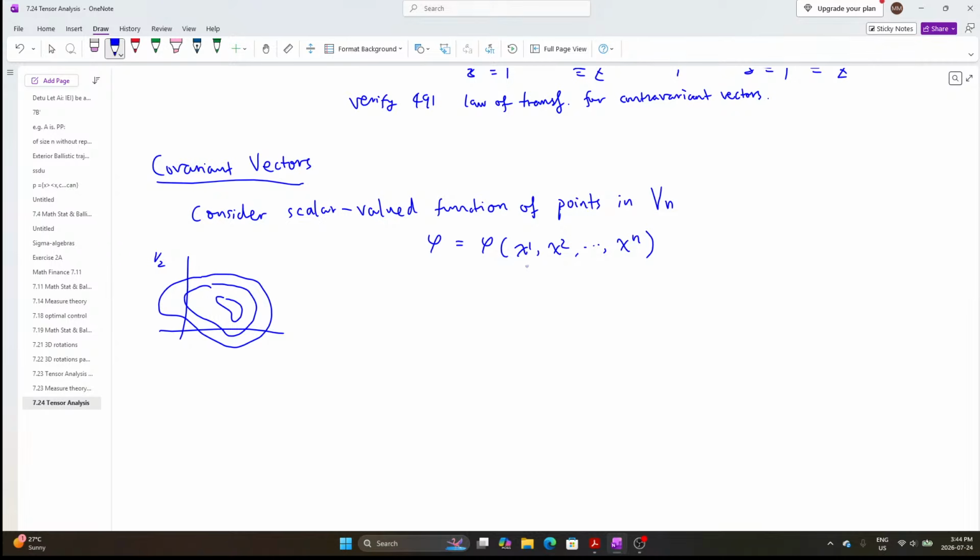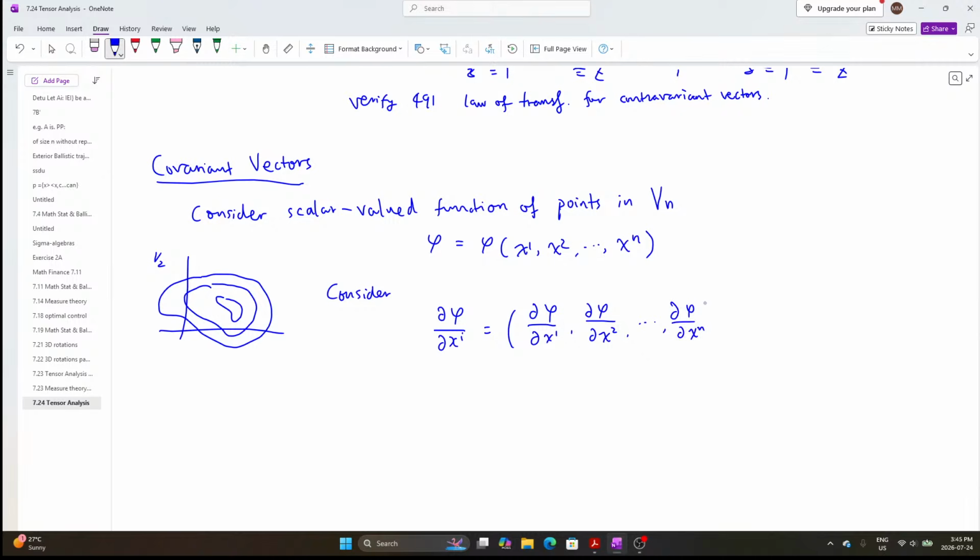You can imagine for the moment that x1 all the way to xn are Cartesian, if that helps. We're going to consider the n-tuple, which is the list of partial derivatives d phi over dxi, which is d phi over dx1, d phi over dx2, all the way to d phi over dxn.